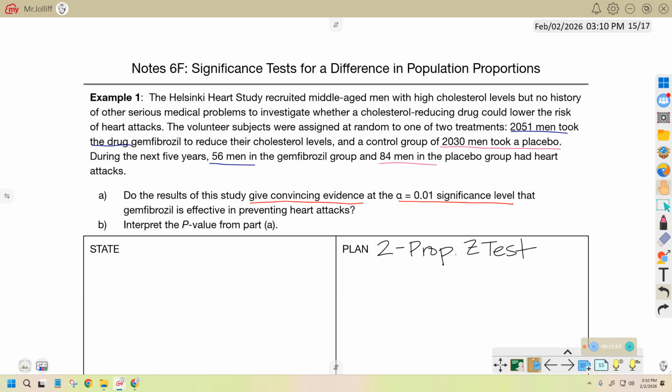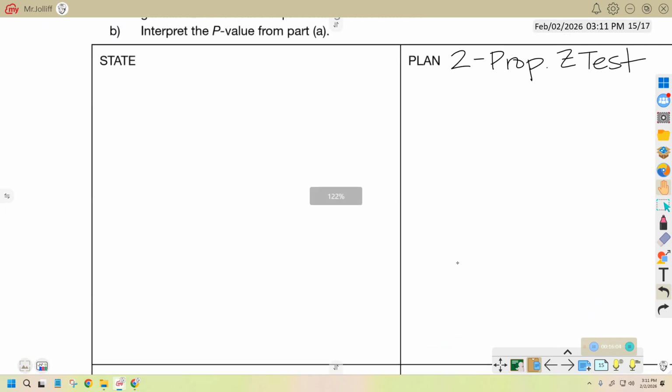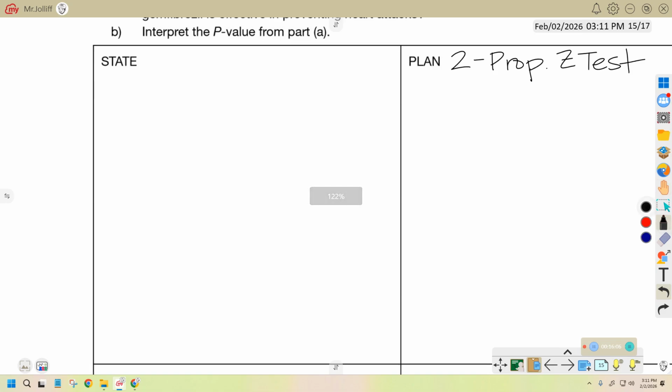I need to take all of that information that's in that word problem and lay it out in the state step. So I'm going to zoom in here on that box. Very first thing we do, define our proportion in words. P1, P2.